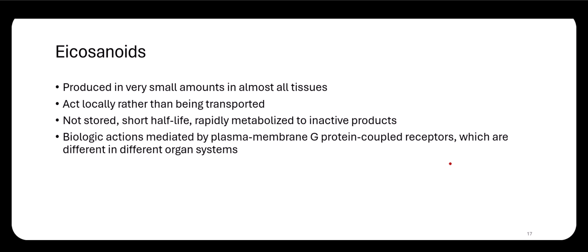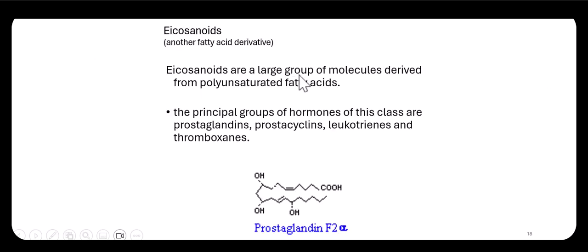They do what they're going to do, and we get rid of them. So again, a little different. We're not storing them somewhere. We're going to use them. When we're done, don't need them anymore, we get rid of them. We'll talk about the G proteins a little bit later. So eicosanoids, like we said, are derived from polyunsaturated fatty acids. We're going to go through that derivation and talk about the molecules that we get.